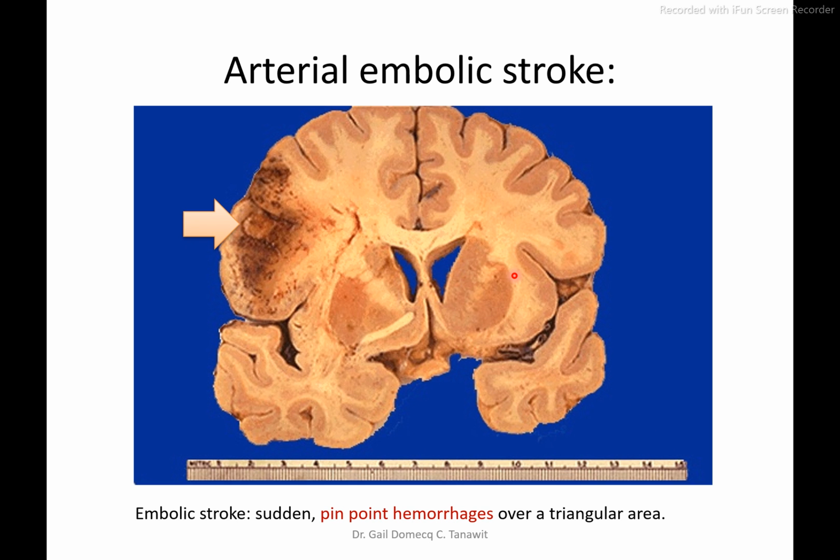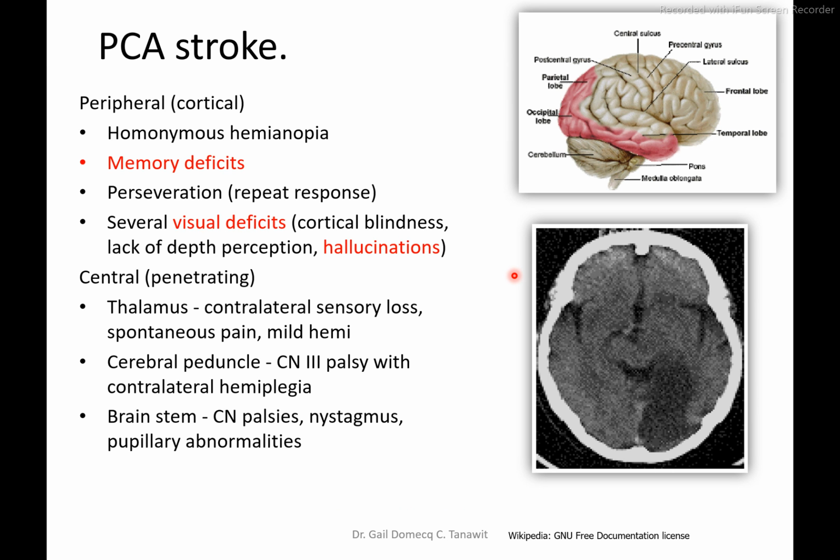For the PCA, it can lead into a peripheral or central. For peripheral, the patient can suffer from homonymous hemianopsia, memory deficits, perseveration, or repeat response, several visual deficits like cortical blindness, lack of depth perception, and even hallucination.